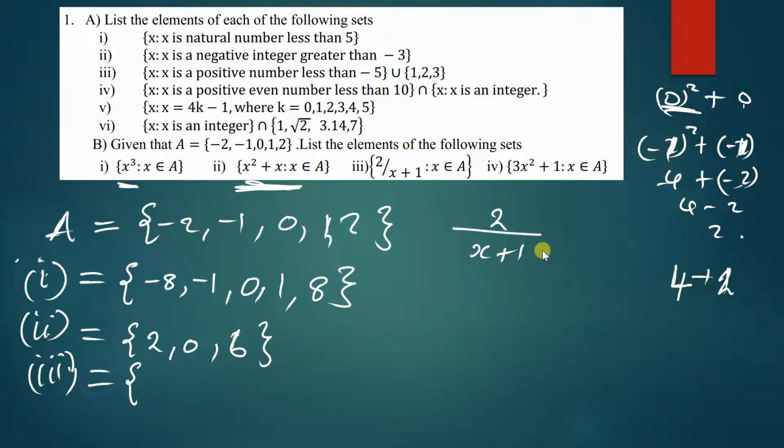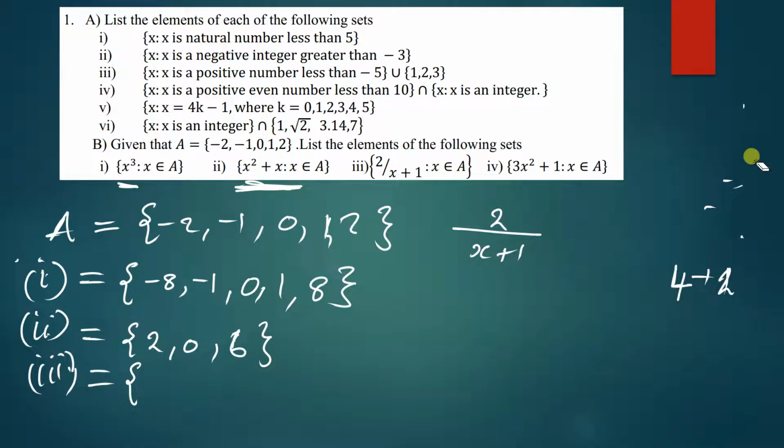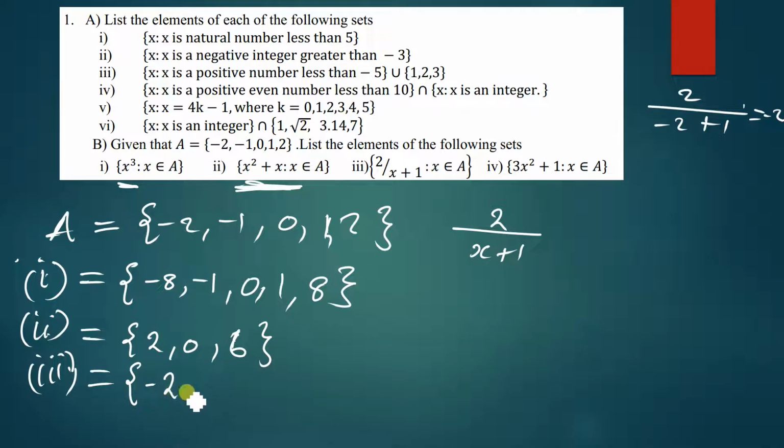So if we put negative 2 where there's x, so we'll say 2 over negative 2 plus 1. So negative 2 plus 1 gives us negative 1. 2 divided by negative 1, we're getting negative 2. So the first element there is negative 2.